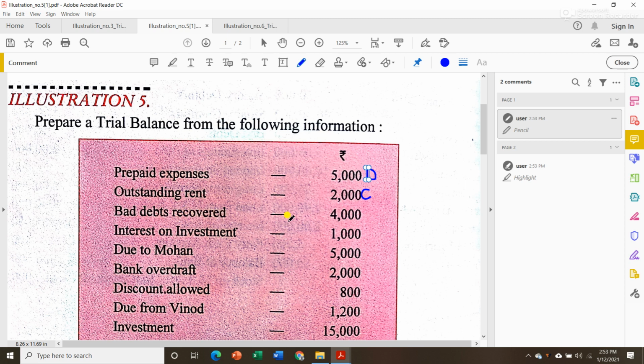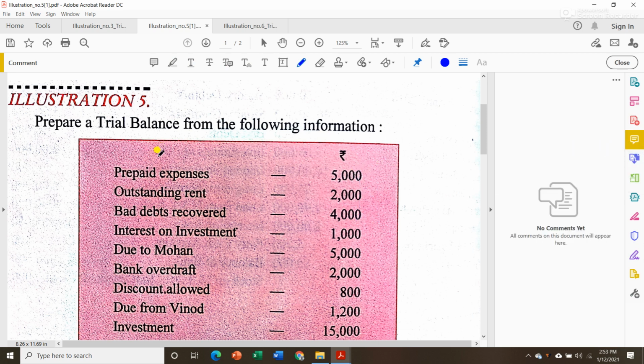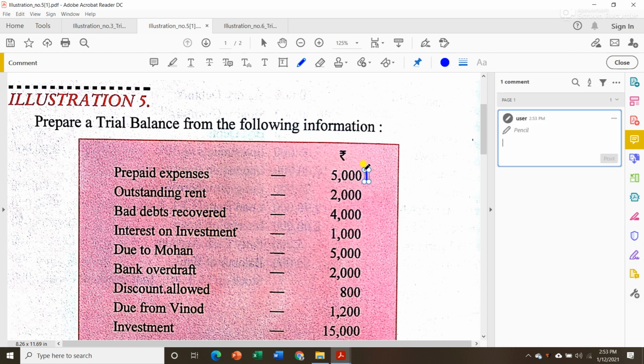Earlier we had some bad debts and now we have recovered it. So prepaid expenses will be on the debit side, then outstanding rent credit side.